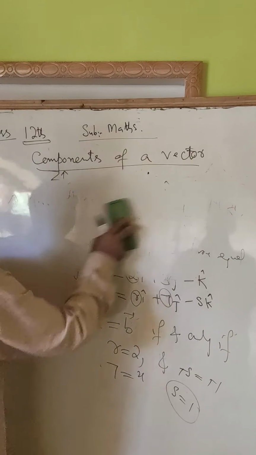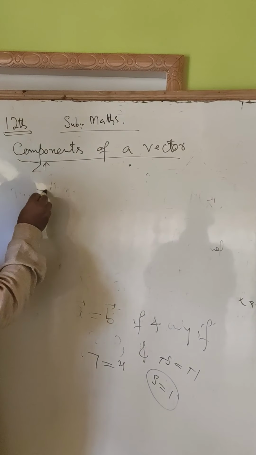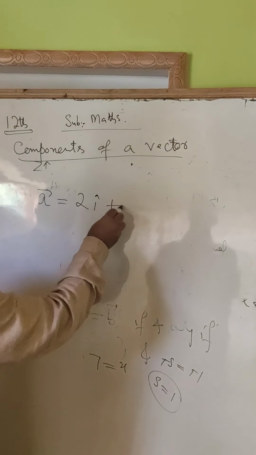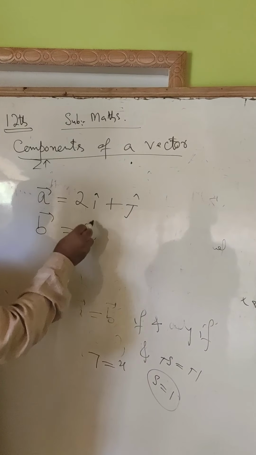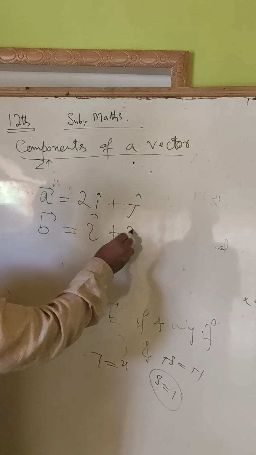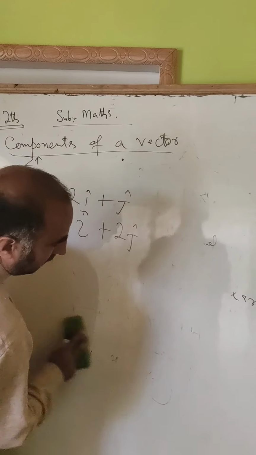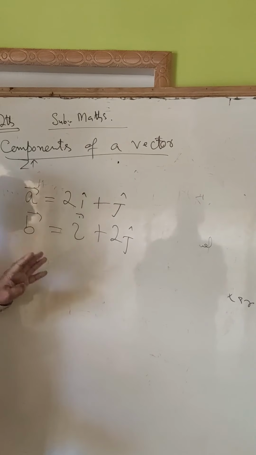We will take now another two vectors. Say a is equal to 2i plus j. b वेक्टर हम लेंगे i plus 2j. These two vectors are not equal. Clearly, these two vectors are not equal because their corresponding components are not equal.